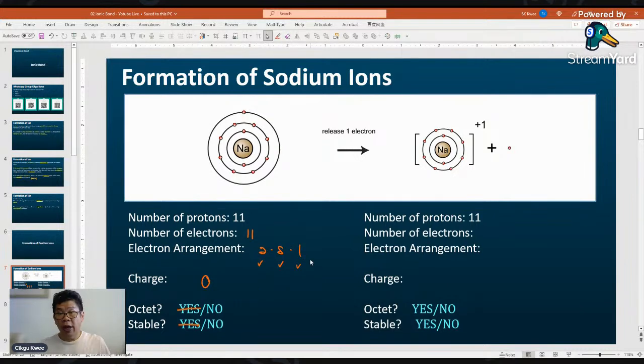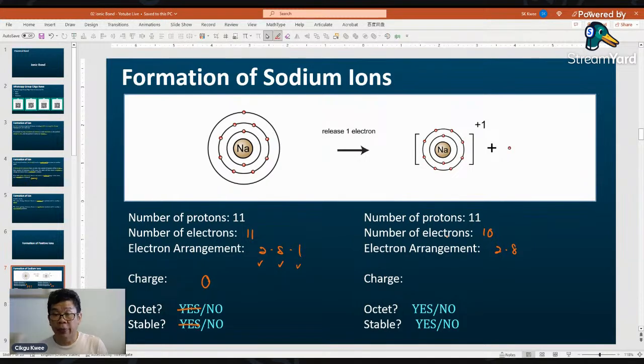You should have learned that if it's not stable, it tends to become stable, and the way it becomes stable is to release its valence electron. So it releases 1 electron. After releasing 1 electron, the number of electrons is 10, and the electron arrangement becomes 2, 8.